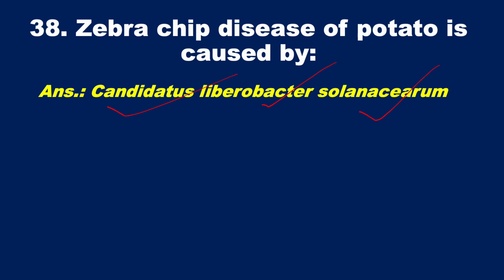Most interestingly, zebra chips disease is associated with the potato psyllid. The scientific name is Bactericera cockerelli, which acts as a vector for the bacterium that causes the disease. So, monitoring for the presence of potato psyllid can be an important part of disease management.